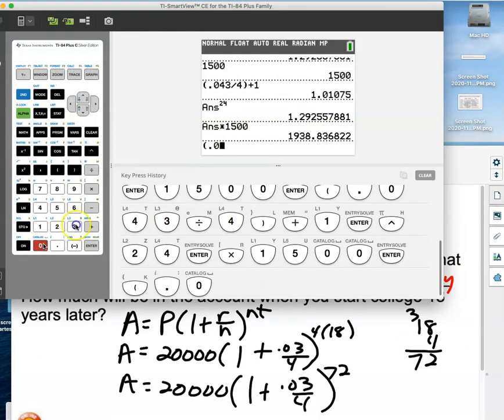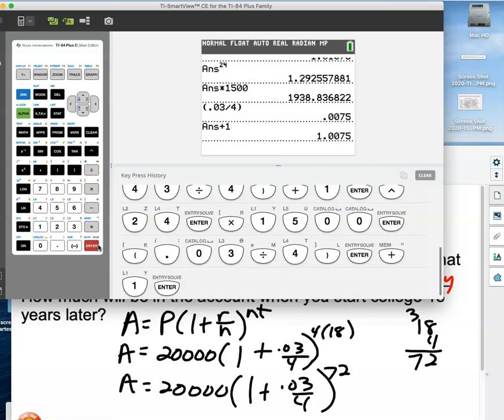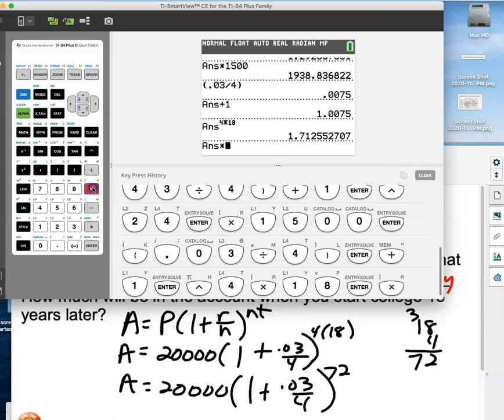Parentheses, 0.03 divided by 4 plus 1 to the, and here's the part where if you just wanted to leave it and punch in 4 times 18 right here, you could do that. The calculator will do that for you. And then multiply that by 20 grand.